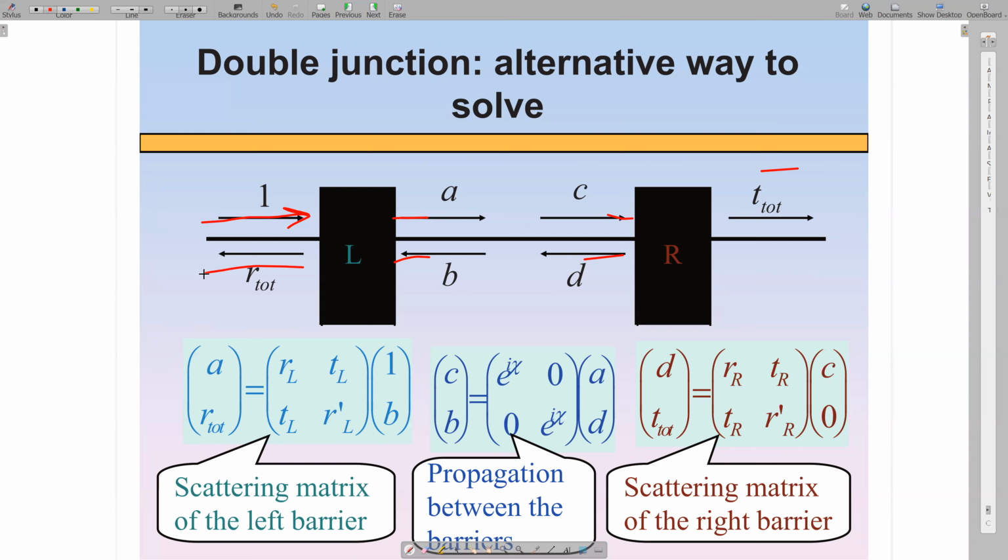These equations are supplied by each scattering matrix. Take, for instance, this scattering matrix. It relates incoming amplitudes. And what do we have for incoming amplitudes? It's 1 and B. And there are outgoing amplitudes A and R, total reflection. The same we do for the matrix on the right. As to this end, which unites these two scatterers, it's a purely phase vector.